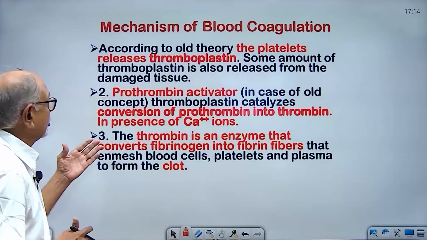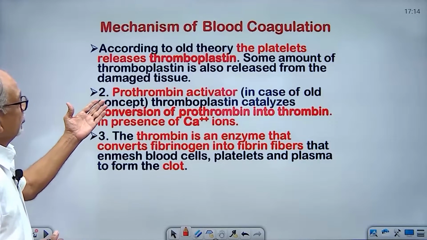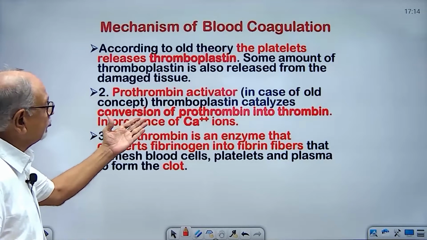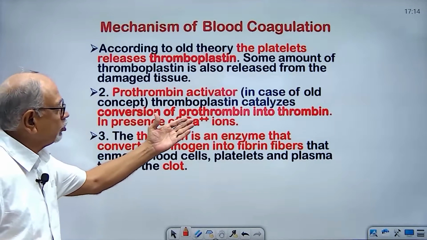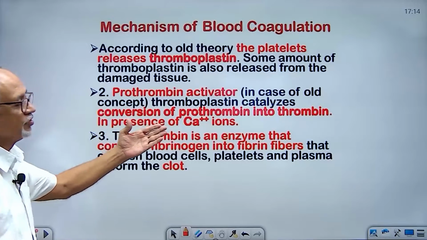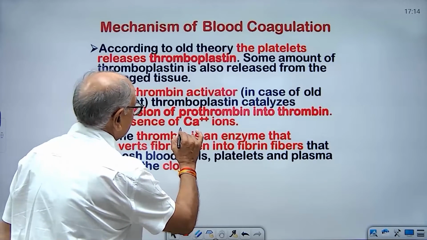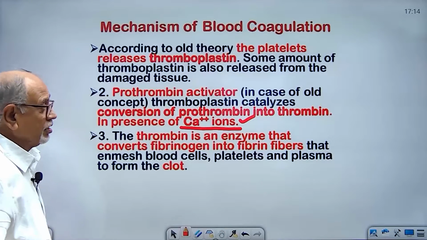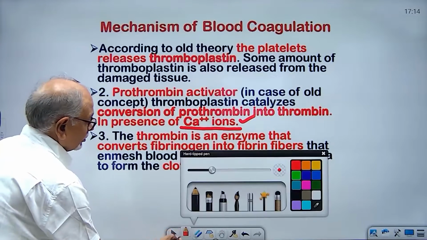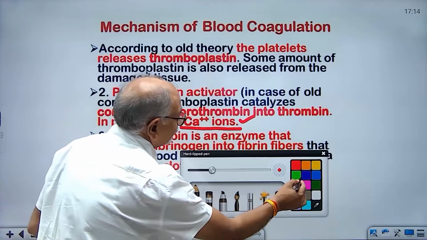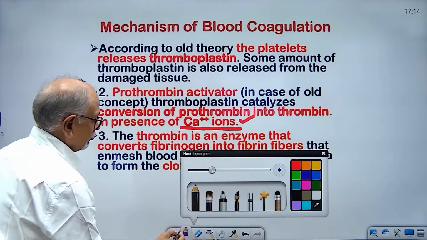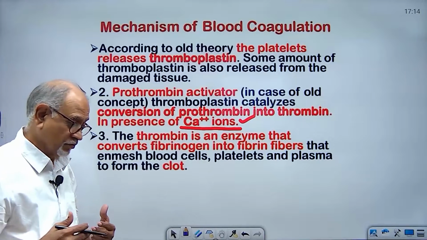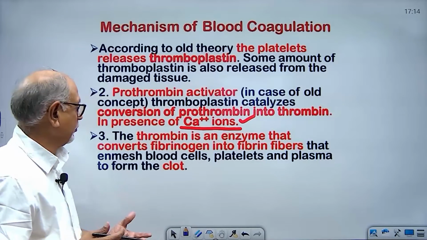Now, prothrombin activator converts prothrombin to thrombin in presence of calcium ions. This is a very important factor because the calcium ions are very important in conversion of prothrombin to thrombin.